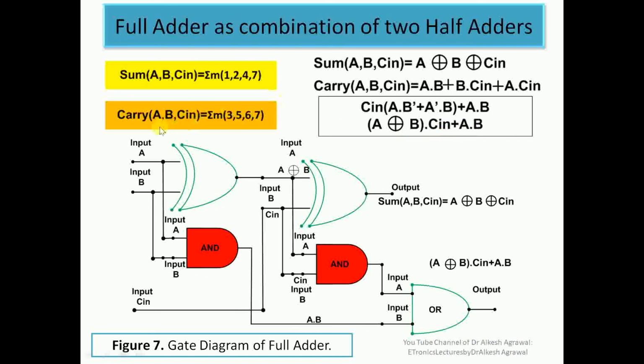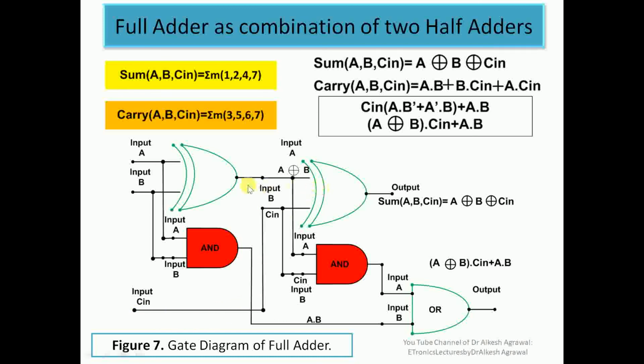So now we have shown that a full adder is a combination of two half adders. Here this is one half adder, and this is another half adder. You know that a half adder takes only two inputs. So in the first half adder we have input A and input B, and in the other half adder we have one input as the output of the first half adder, and another input is C in.